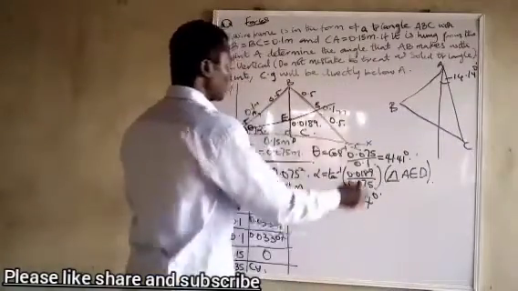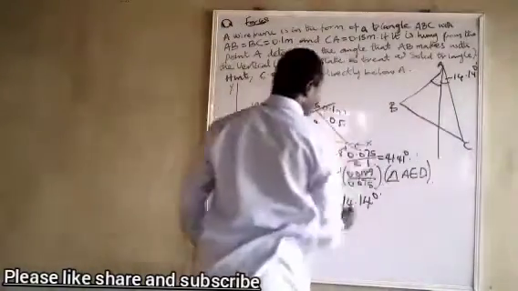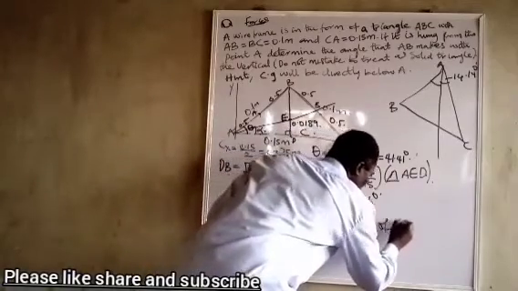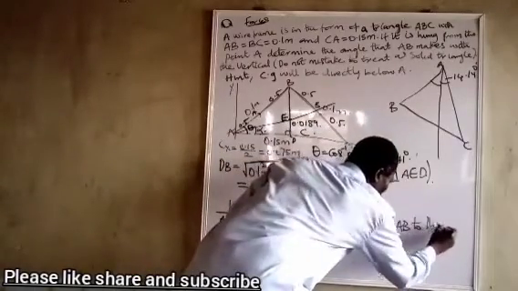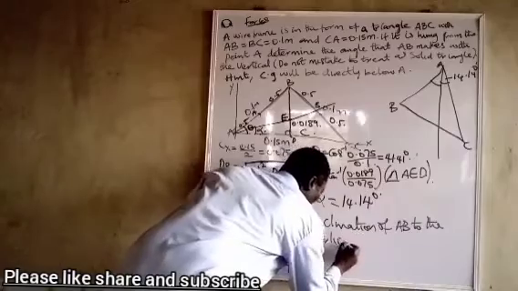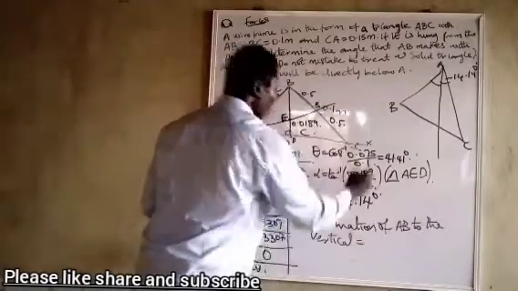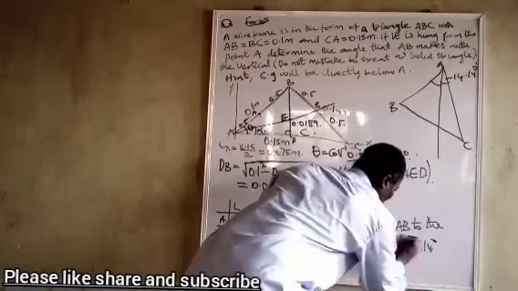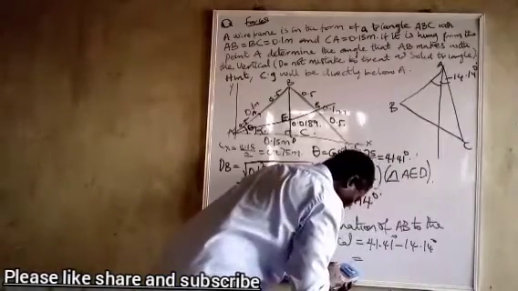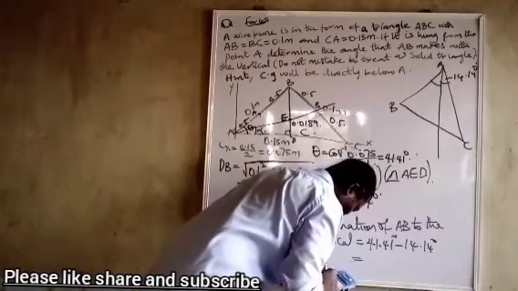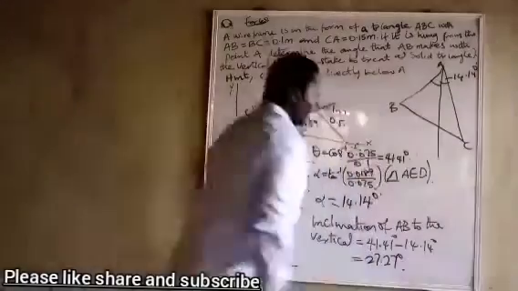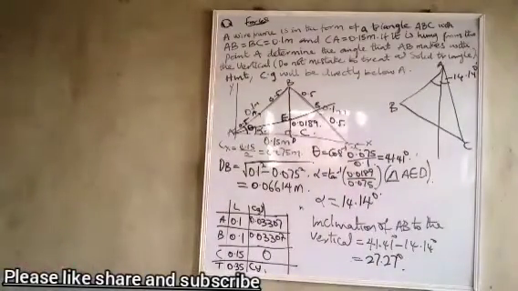So the inclination of AB to the vertical will be equal to 41.41 minus 14.14, and that will be 27.27 degrees. So you can see how it works out. Very easy and straightforward.